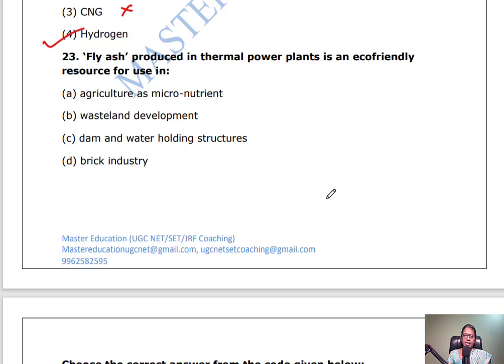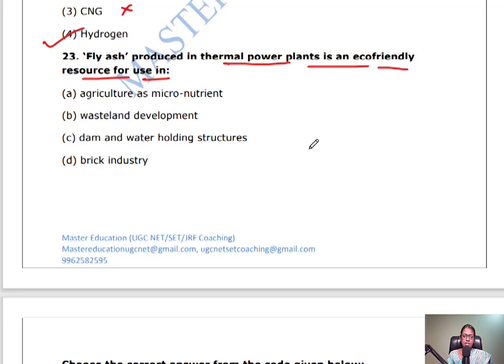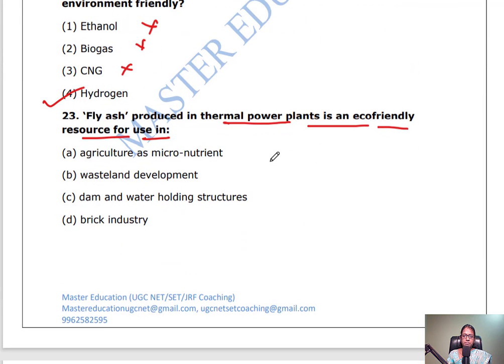The next question: fly ash produced in a thermal power plant is an eco-friendly resource for use in agriculture as a micronutrient, wasteland development, dam and water holding structures, and the brick industry. Fly ash is waste from a thermal power plant; if you search Google for fly ash you can see it is a wastage of resources. It is useful in agriculture, wasteland development, dam and water holding structures and the brick industry.